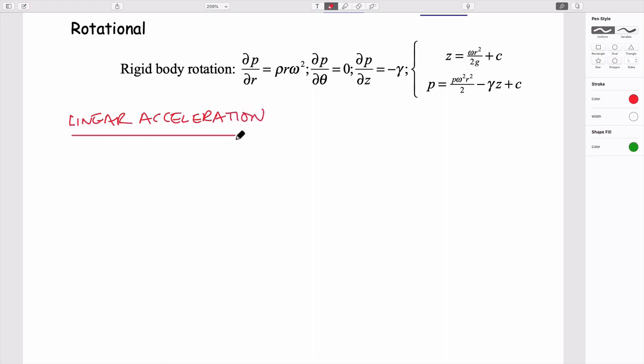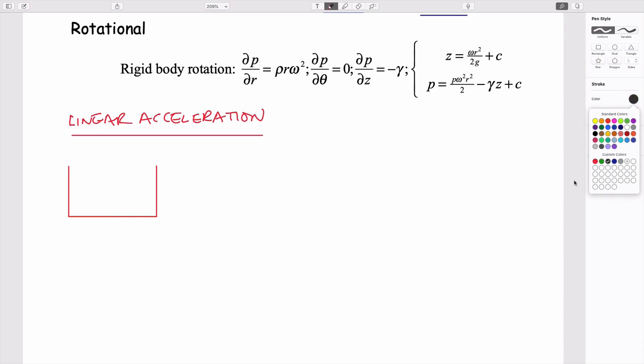And here's the basic idea. I am on the screen, good. So imagine we have a bucket. We know that in that bucket, if we have a fluid, it would sit here.